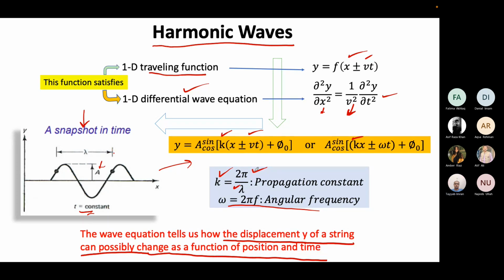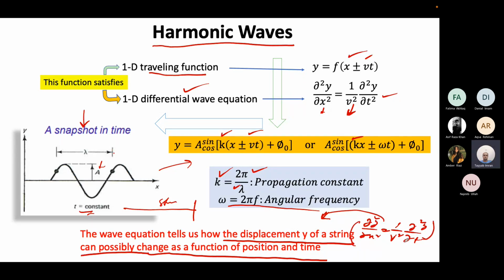So if you take this equation, यहाँ पे जो आपका y है, the displacement, this is a displacement. ठीक है, कोई string ले लिया है, any string here, और y is a displacement. तो ये जो displacement है चेंज कर रहा है as a function of position and time, टाइम के लिहाज से भी और पोजीशन के लिहाज से भी. So with the help of this equation we can find out this displacement y.